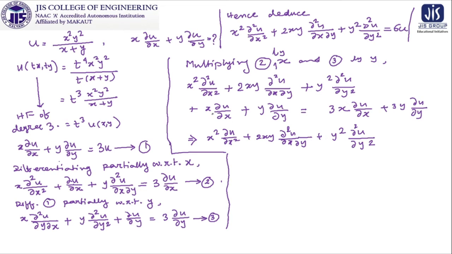Look at this, x ∂u/∂x plus y ∂u/∂y is already calculated by using Euler's theorem. It is 3u, so you can write it as plus 3u is equal to 3 into (x ∂u/∂x plus y ∂u/∂y), that is again 3u, so 3u. So ultimately we can write our desired expression is equal to 9u minus 3u, that is 6u.